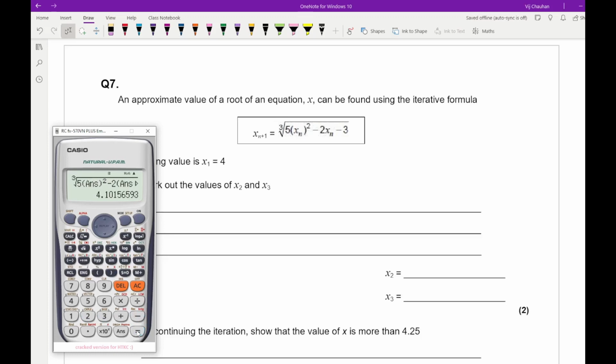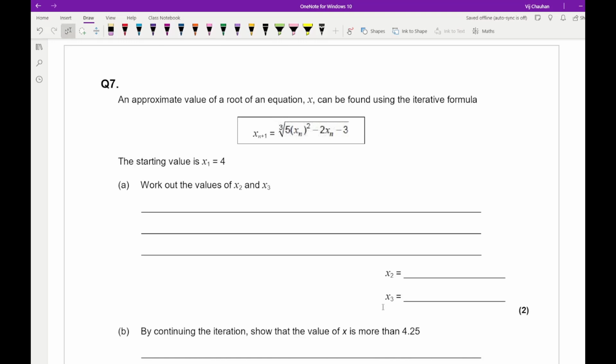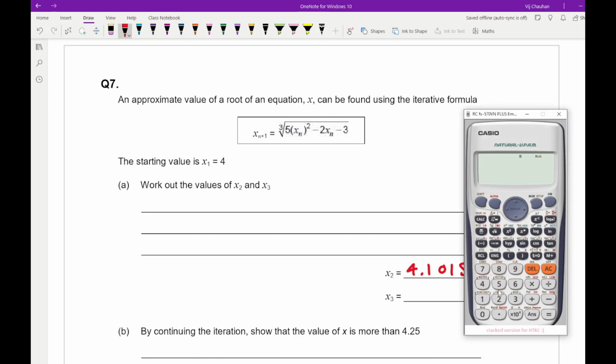Now if I press equals, that's going to give me my x2 value. There's no indication about how many decimal places they want x2 written to, but I'm just going to write down the value, which is 4.10156593.